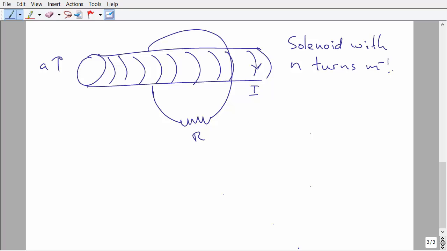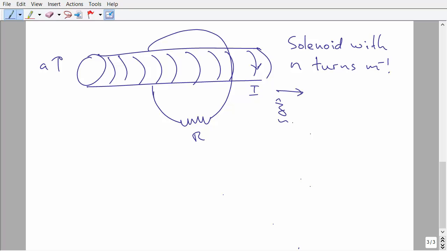Okay, so what we have here is a long solenoid where the length of the solenoid is large compared to its radius. We're going to come back and discuss that in some detail later. And this is carrying current I, and the long solenoid, you would have studied this in first year, produces a magnetic field inside the solenoid. I'm going to call this the z hat direction.